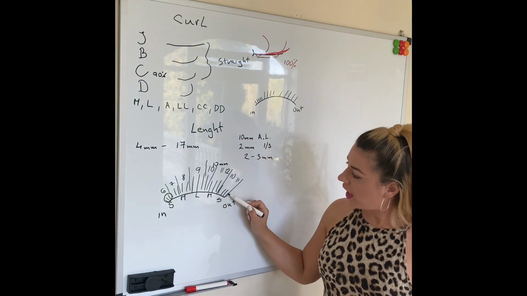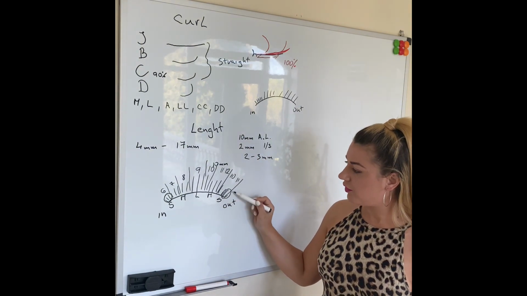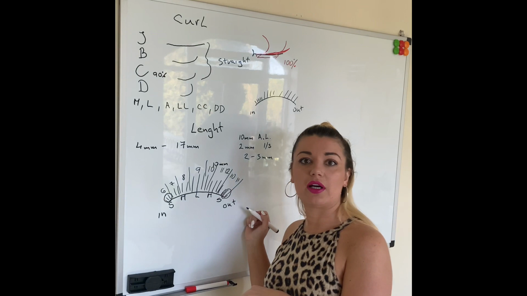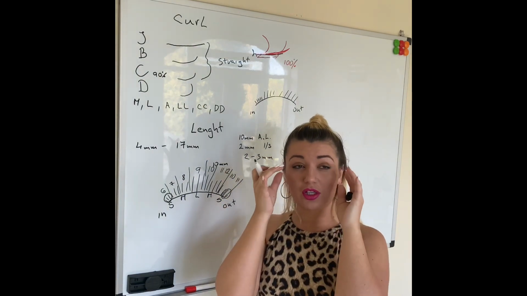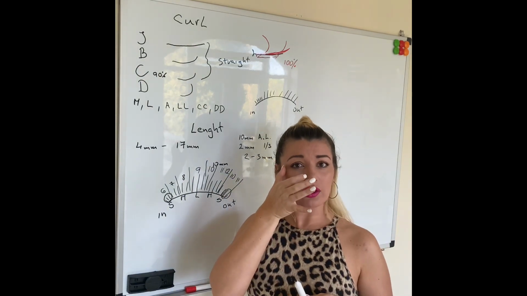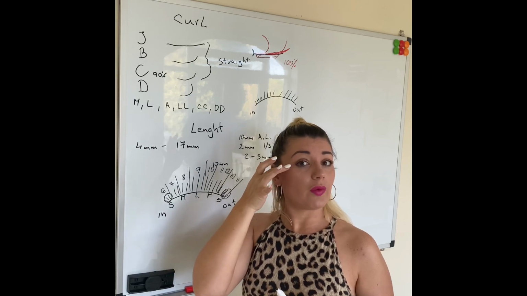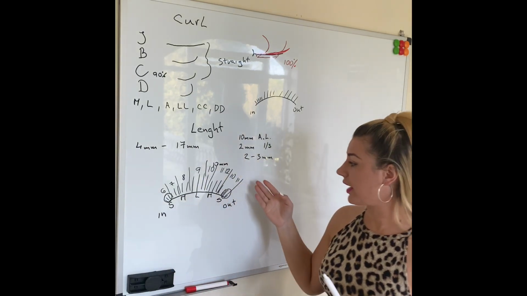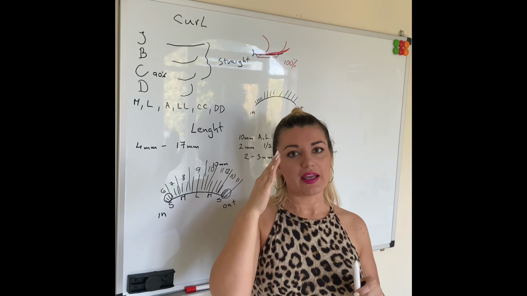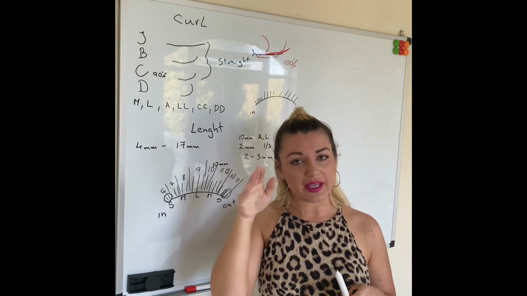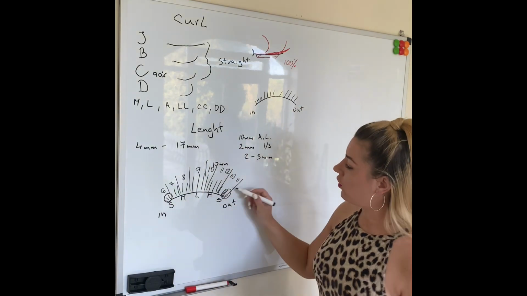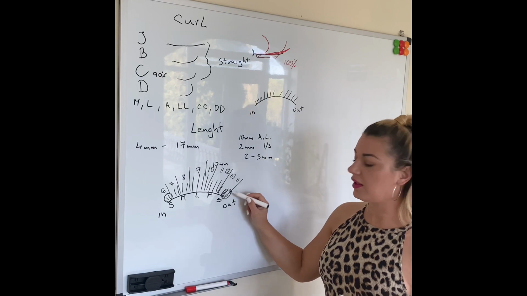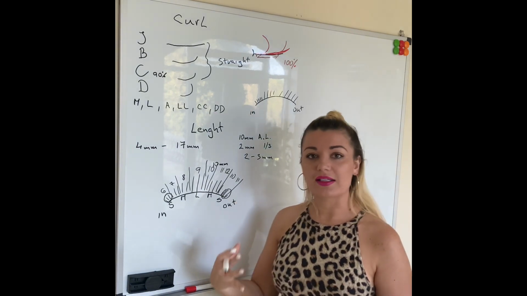Then I would also recommend skipping a couple of lashes in the outer corner, because if someone's eye is quite long and you go all the way in with the extensions, the eye is going to look dropped instead of lifted. So we always recommend to skip the last couple in the outer corner as well.